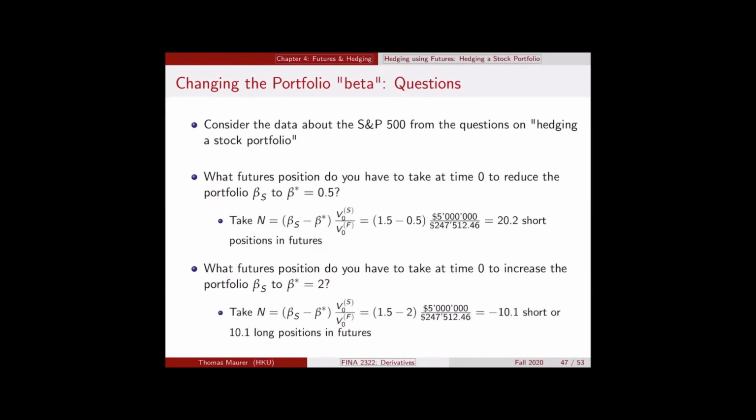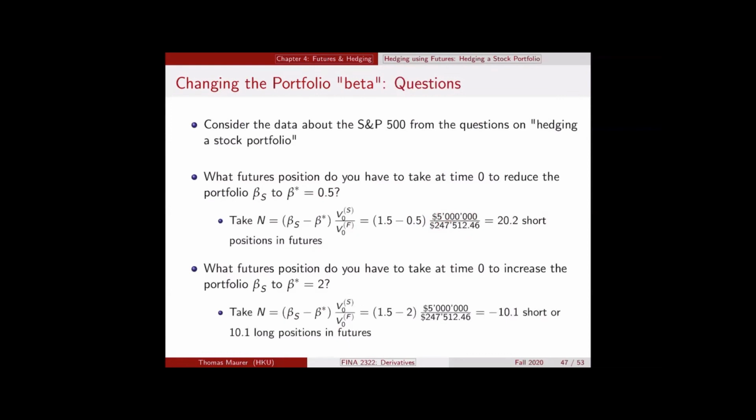So let's consider again the question from before. Instead of eliminating all the market risk, we want to just reduce our exposure to a beta of 0.5. So now our formula will be our original beta of 1.5 minus the target beta of 0.5 times, again, the value of the portfolio which we try to hedge, divided by the value of one futures contract.